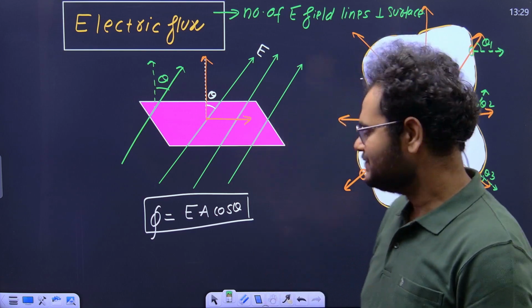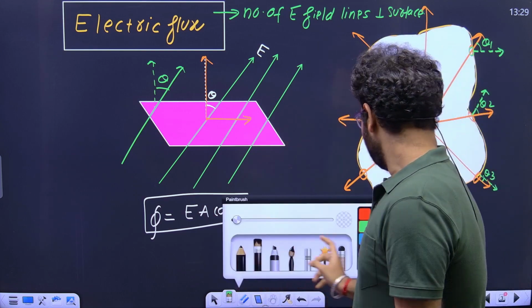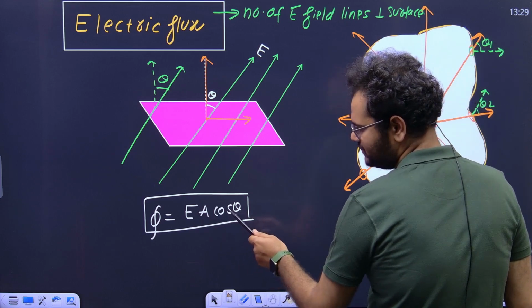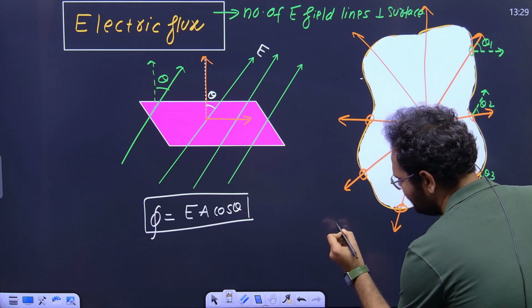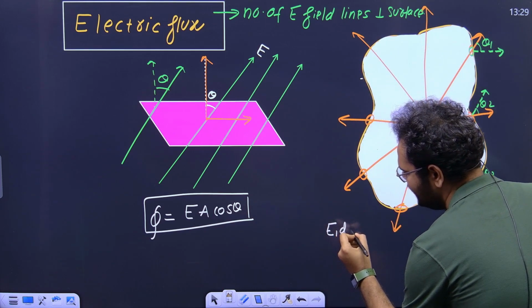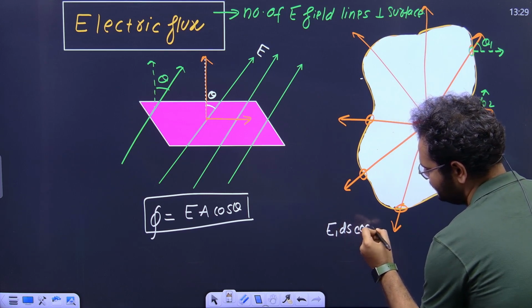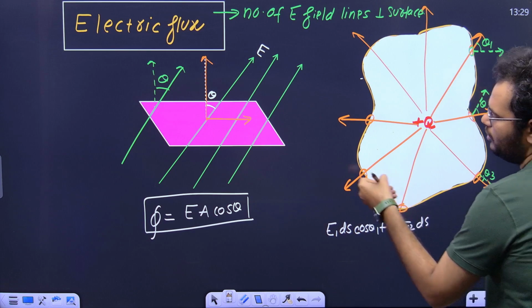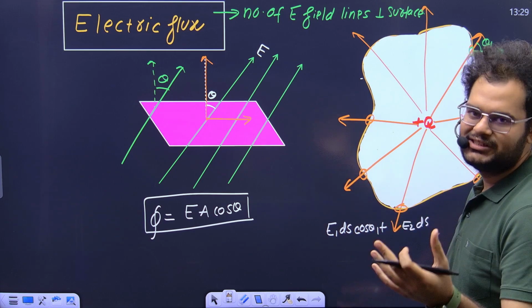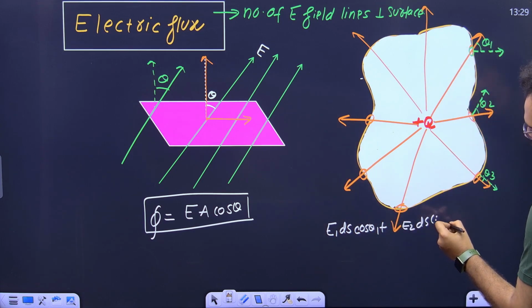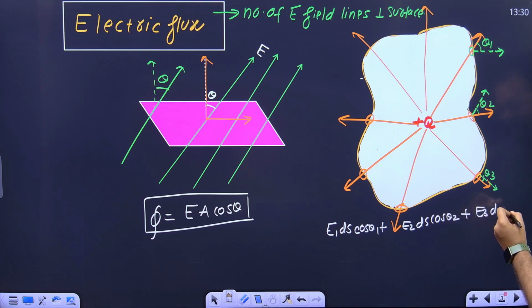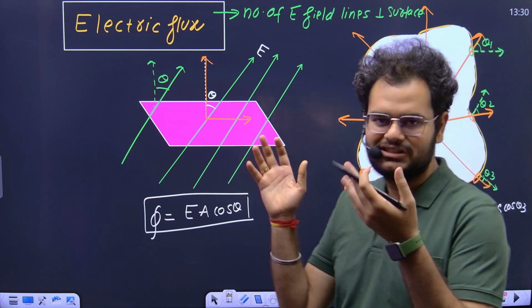In such cases, what we do is, we add this product EA cos theta. What I'm saying is, simply what we do is E1 ds cos theta 1 plus E2 ds cos theta 2, then E3 ds cos theta 3, all ds small areas we are taking which are equal. So much we have to add.